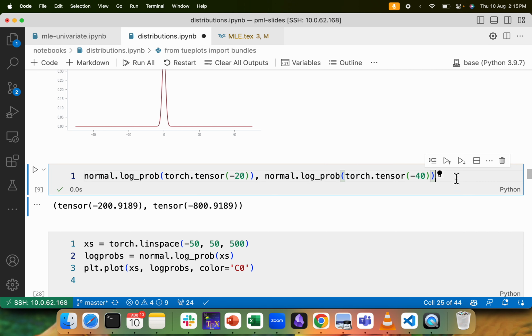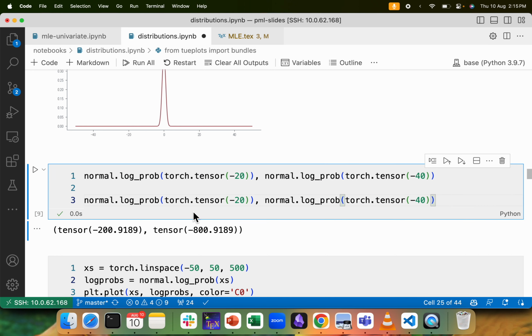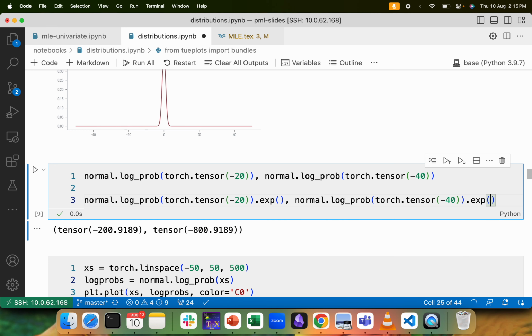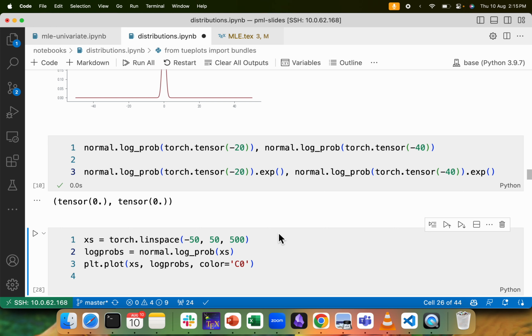But if instead you were looking at the actual PDFs, both of them are exactly 0, right? Due to the limitation of the floating point representation for these numbers. So therefore, wherever possible, we should just be using log probabilities instead of using direct PDFs or probabilities.